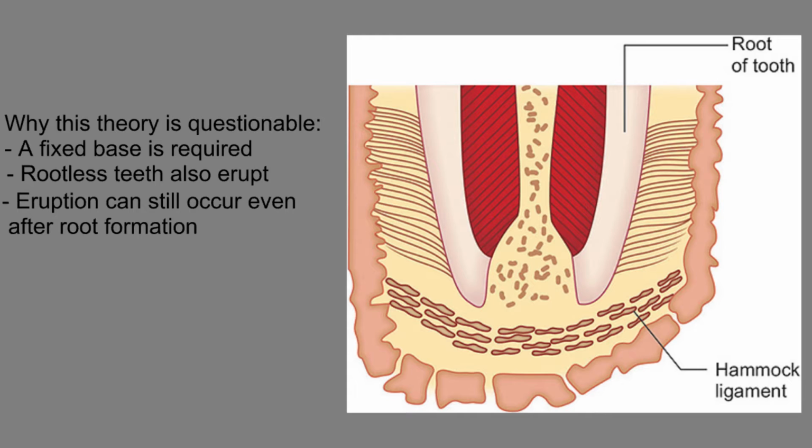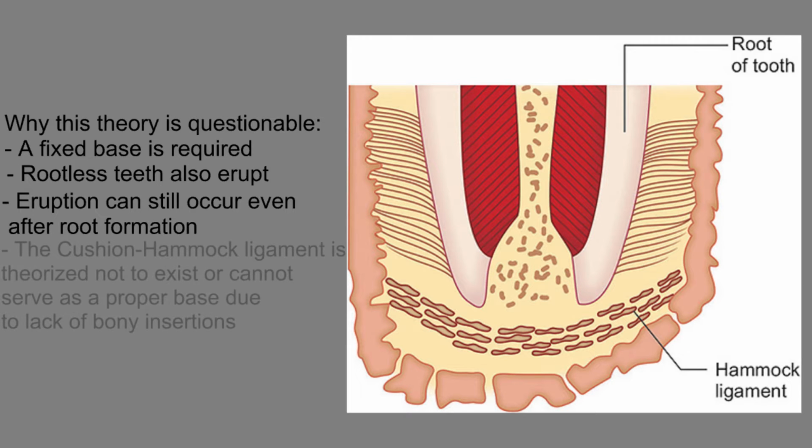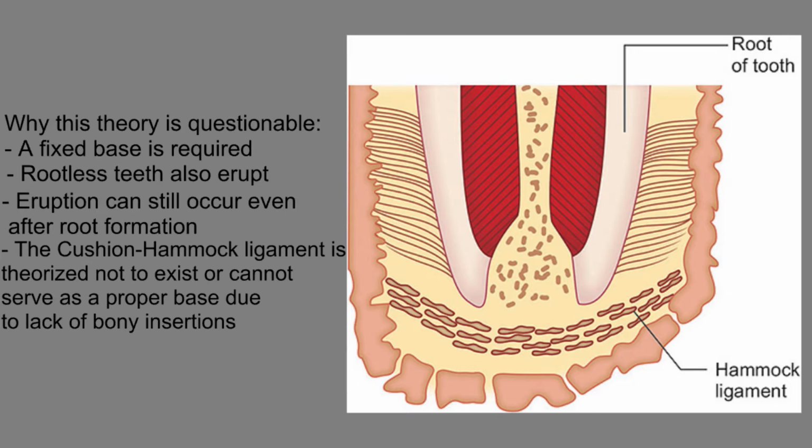The hammock ligament, this structure was considered to provide a fixed base for the growing root, as I have mentioned a while ago, so as to create an eruptive force, and it was thought to be located below the root, like a sling attached to bone on all sides. But now it is recognized that this structure either does not exist or it separates pulp from the dental sac and has no bony insertion.